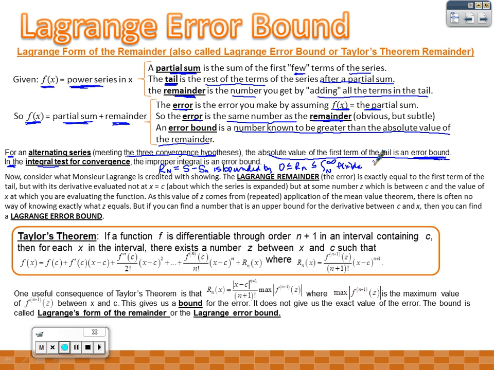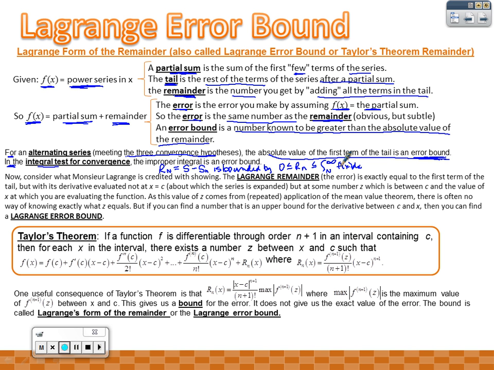So if you were proving convergence with the integral test, you could use this type of error. The remainder R sub n is equal to the true sum minus the approximate sum. It's bounded by this integral, and we worked with that in the last unit.